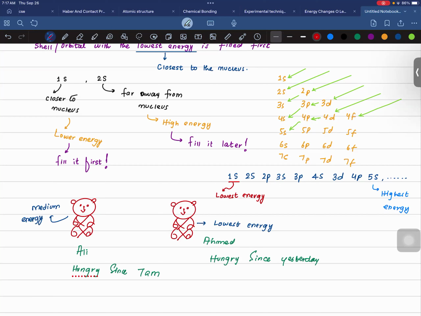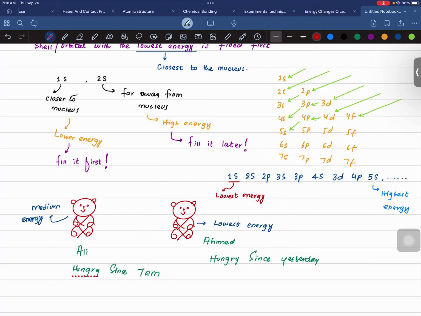So ultimately, when I have a container in which I have food, I would be giving it to this guy, because I know that he is hungry since yesterday. So obviously he is having a lower energy. Same goes with the orbitals, with the subshells. Those subshells which are having the lowest energy would be filled first.